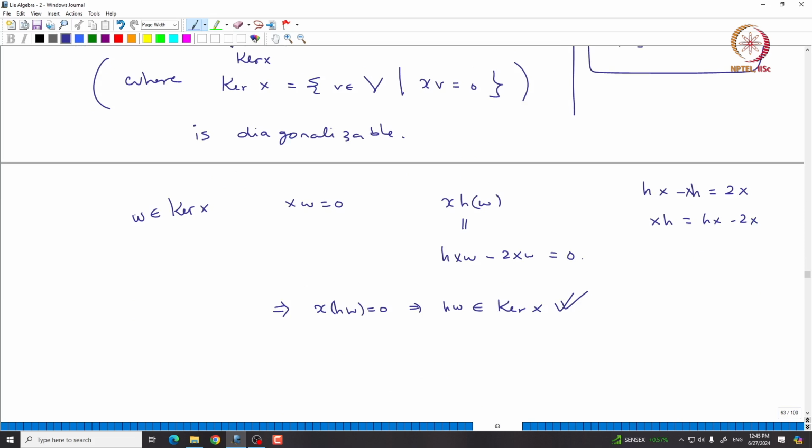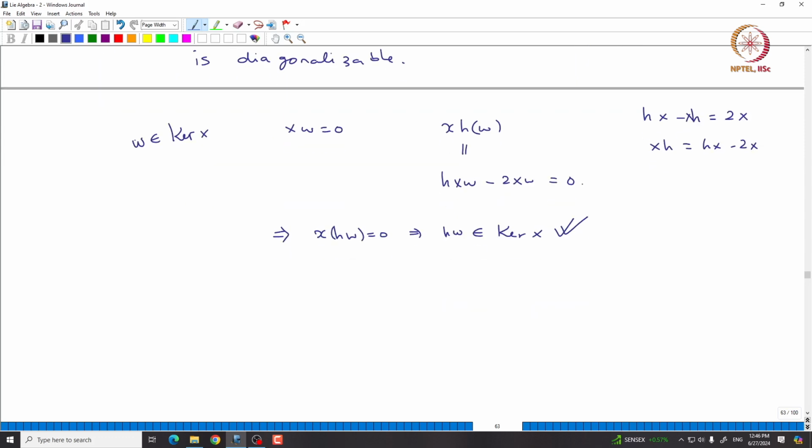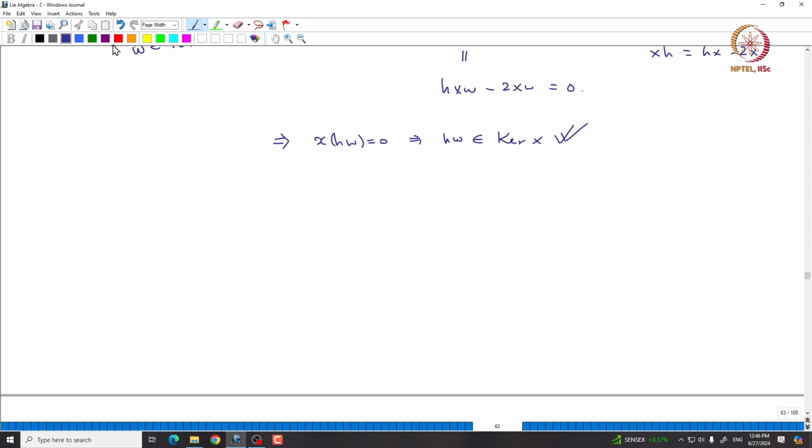Now we are going to use some computation involving these operators X and Y. I will leave it to you to check; this is a simple exercise, one can do it by induction.